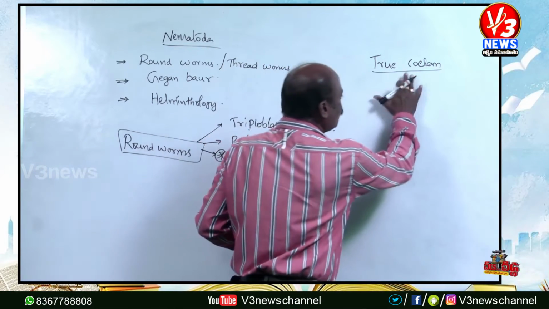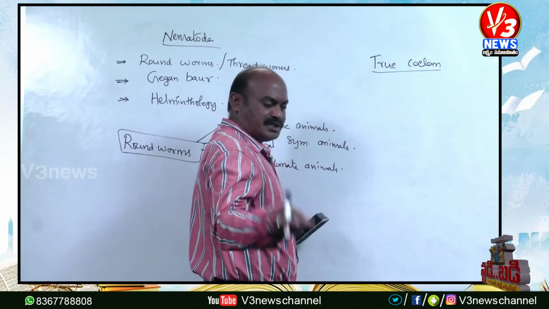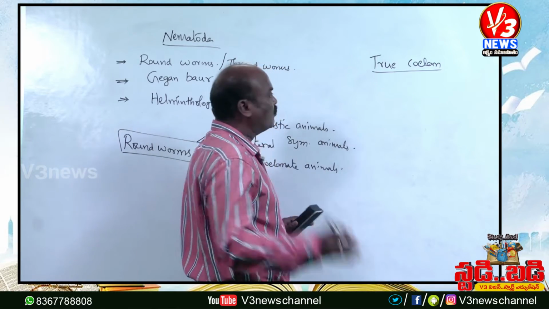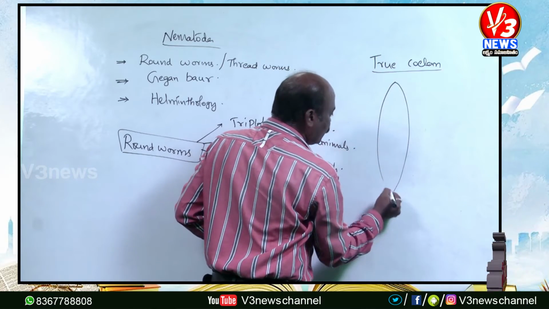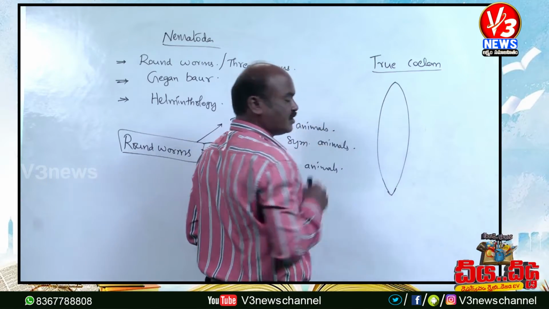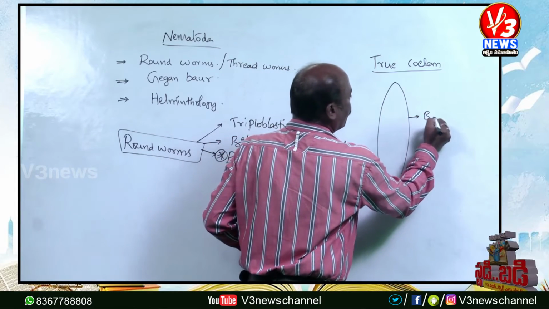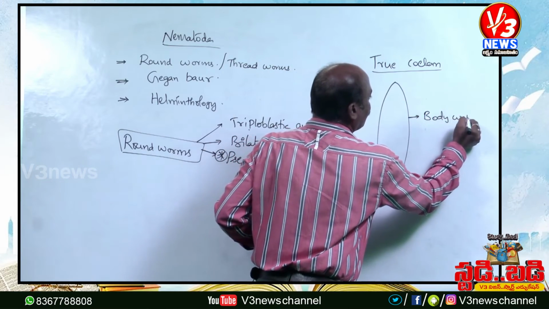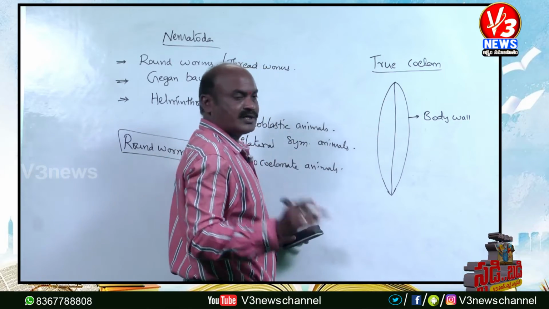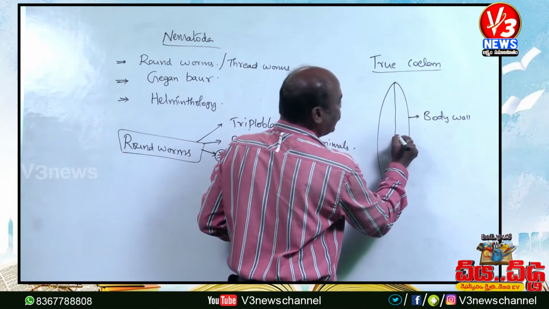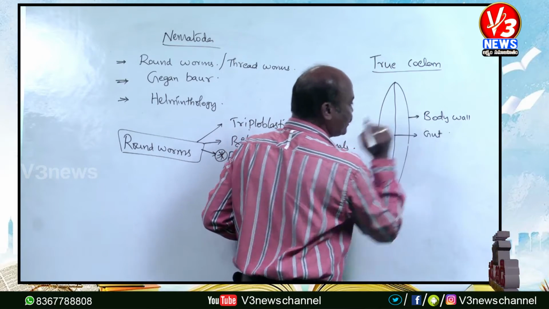Just now I gave the definition of the coelom. For example, this is one organism. Here it is the body wall, and this is the alimentary canal, the gut.